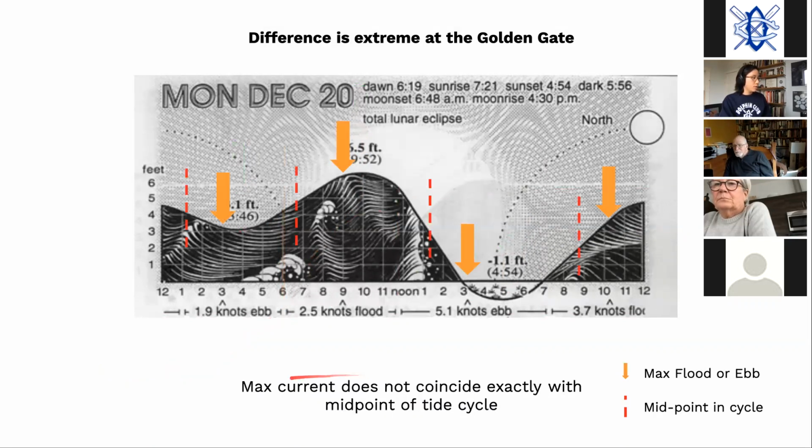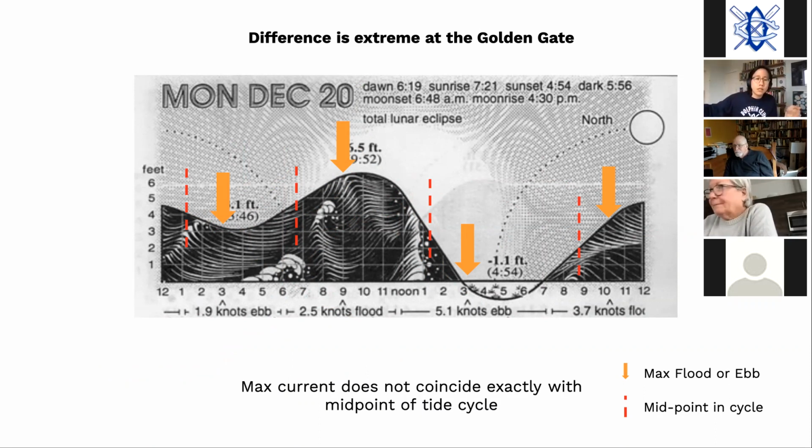And same with the max current. We think the maximum current would coincide with the midpoint. So I've put dotted lines in the midpoint of the cycle. You can see that the maximum speed continues well after the midpoint of the cycle. A lot of that has to do with the fact that the Golden Gate is a funnel, and you have this massive amount of water moving.